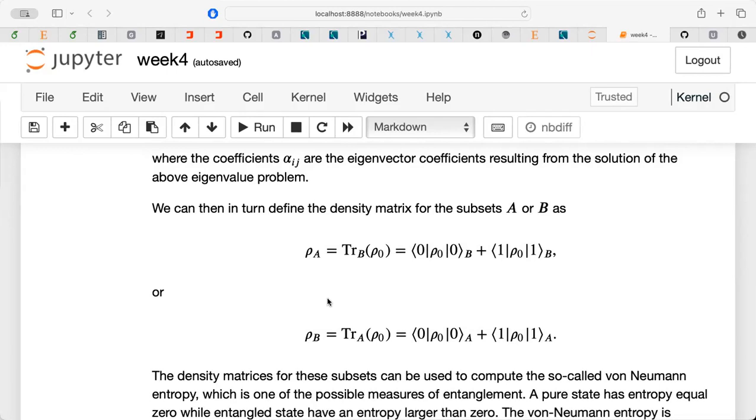And that will give us a measure of the entanglement in the system, in the sense that we are going to measure the uncertainty or the loss of the pure definition of which state the qubits of system A or B are in.